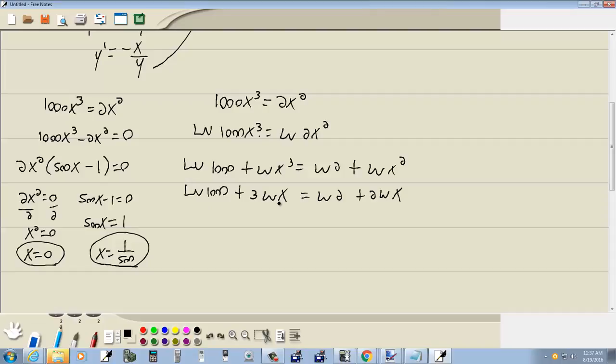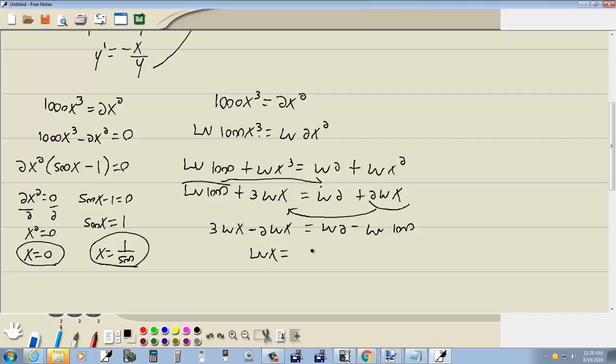Let's just continue to see what we get. Okay, take these, move them over to that side, take this, move it over here. 3 natural log of x minus 2 natural log of x is equal to natural log of 2 minus natural log of 1,000. That gives me 3 minus 2 is 1 natural log of x.